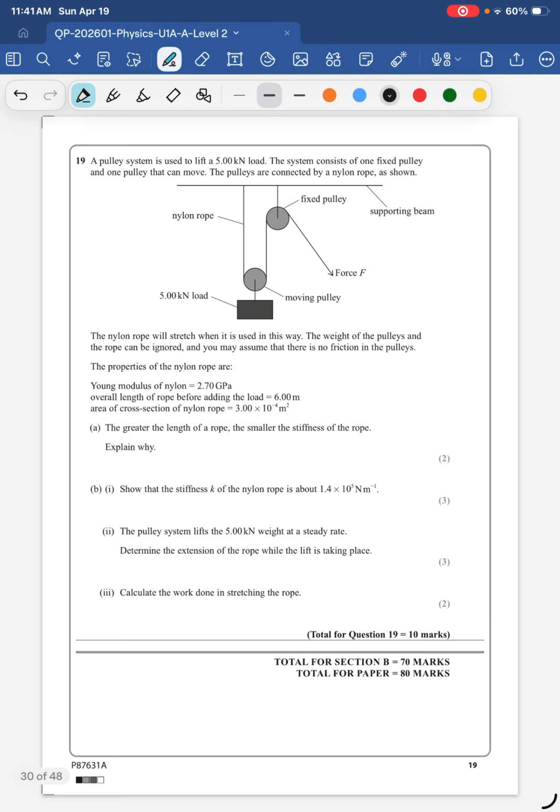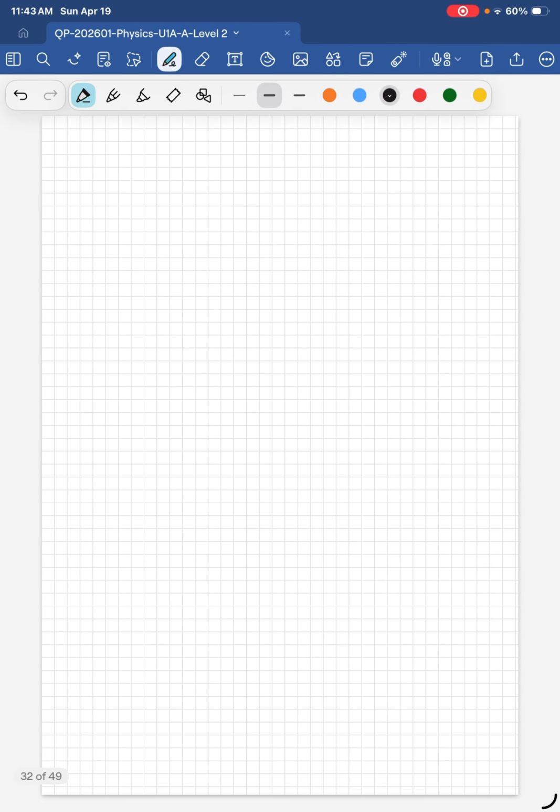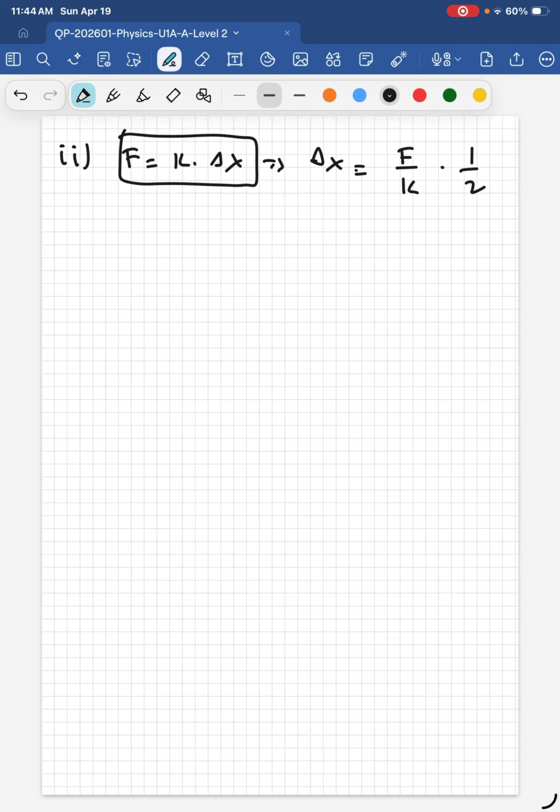Part 2. The pulley system lifts the 5,000 newtons weight at a steady rate. Determine the extension of the rope while the lift is taking place. We have that F is k times delta x, so delta x is F over k, but we also have to account for both parts of the rope contributing. So we can write that weight is 2 times k times delta x.